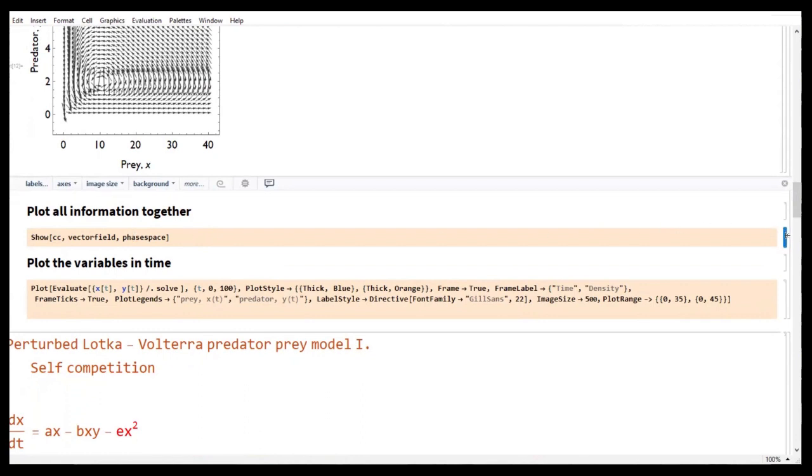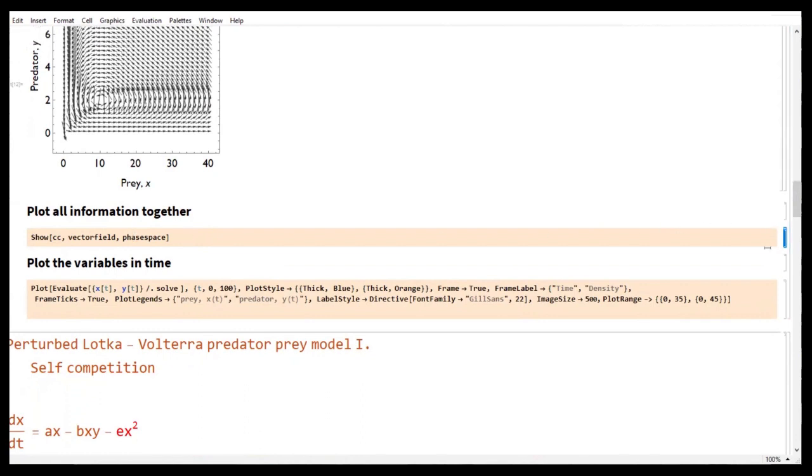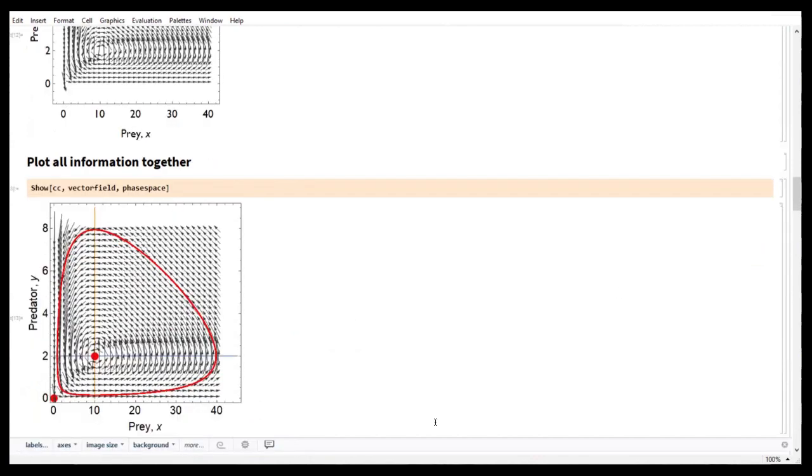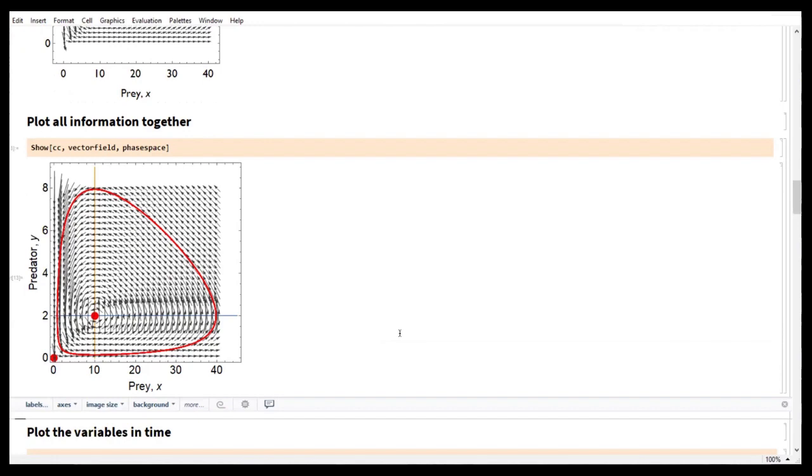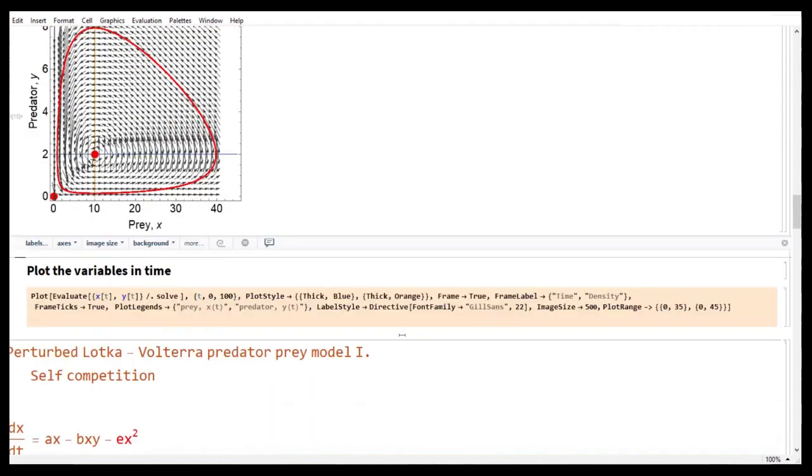We can plot it together with the simple command, and you can see here the vector field and the actual motion in the phase space, and the intersection of the zero clines is a stable fixed point or neutrally stable fixed point.